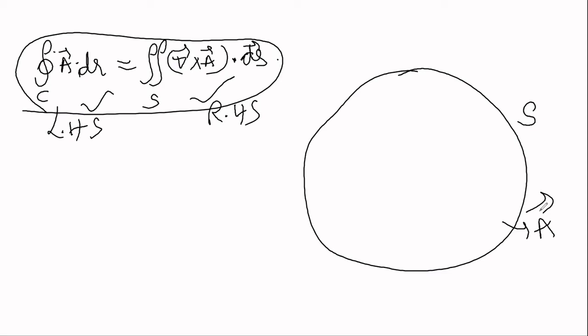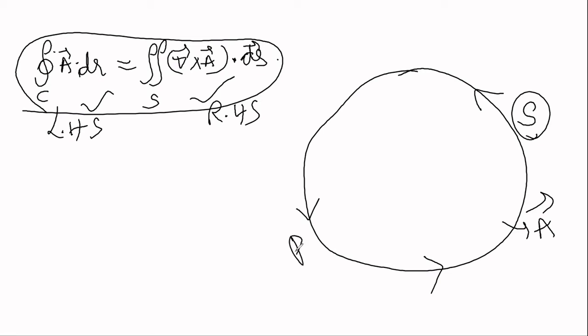Now the boundary of the surface S is a closed curve. If I take a closed curve, the boundary of the surface, this closed curve gives you a surface S.